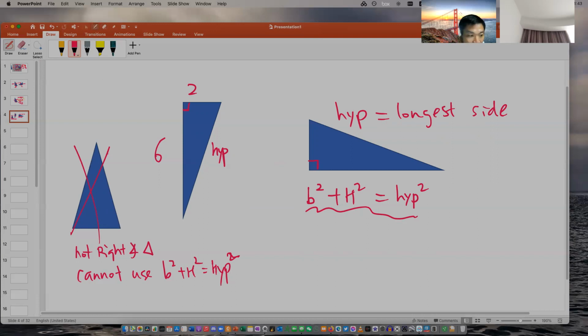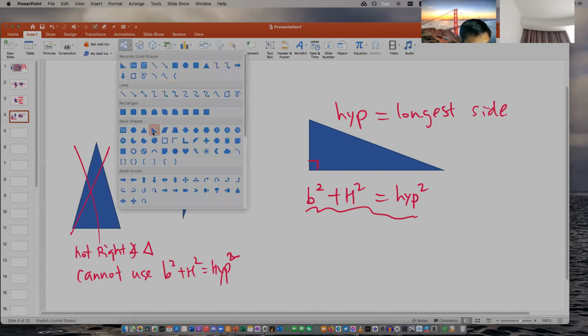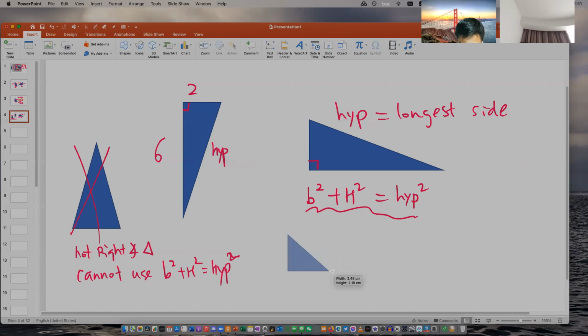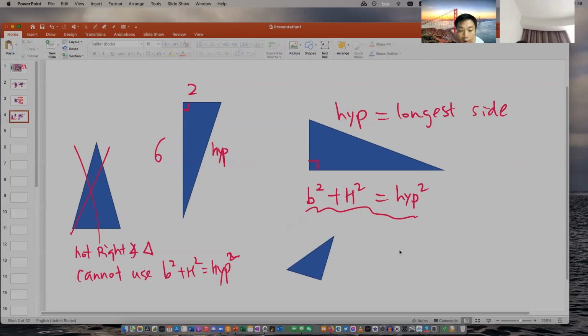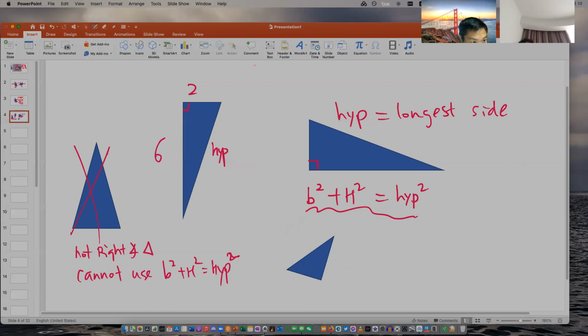So let's say I give you another right angle triangle here, let me insert another one. How do you decide which one is the hypotenuse in this case? They can actually turn it such that your hypotenuse becomes the base. So let me turn it even further. Okay, good. This is the one.